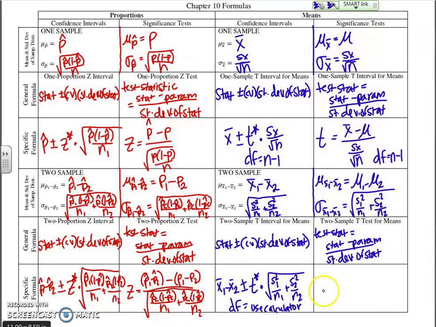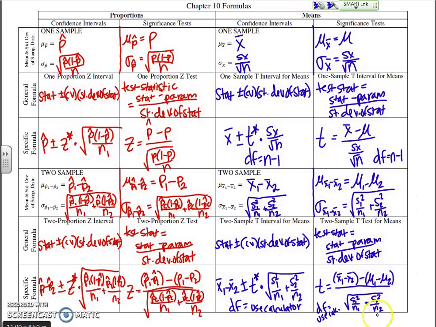So the specific formula is t equals the statistic x bar 1 minus x bar 2 minus mu 1 minus mu 2 divided by the standard deviation of the statistic, which I've already listed, the square root of s1 squared over n1 plus s2 squared over n2. Again, because it's a t, we have to use degrees of freedom that we'll have to get from the calculator. Okay? So this is all the formulas.